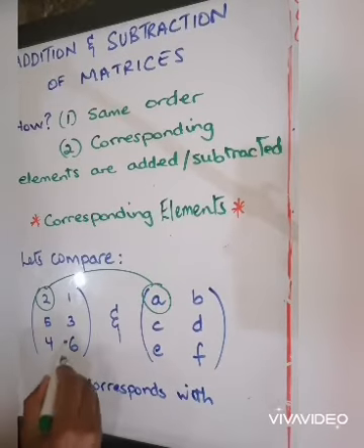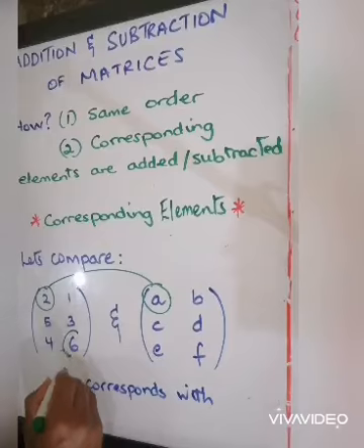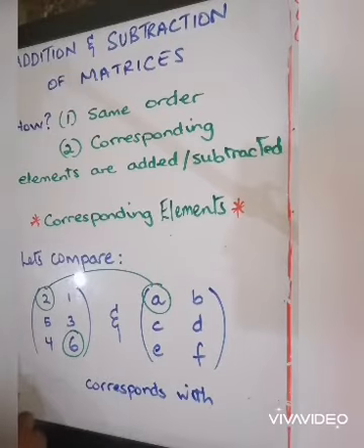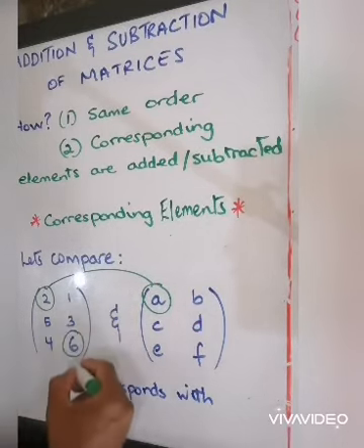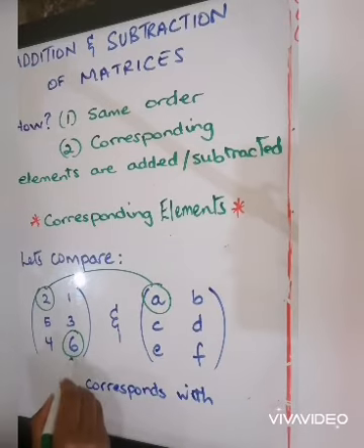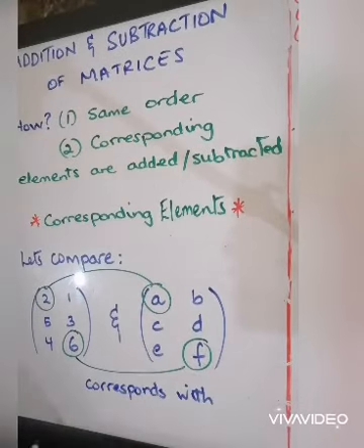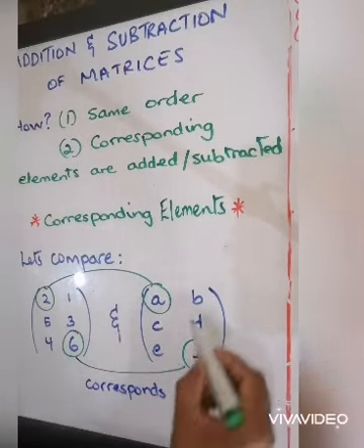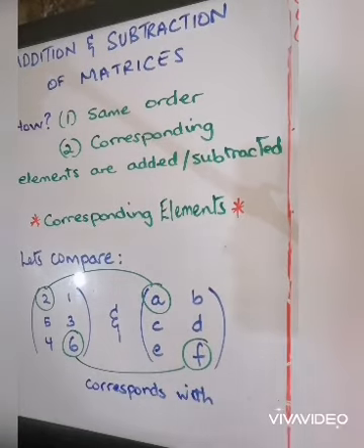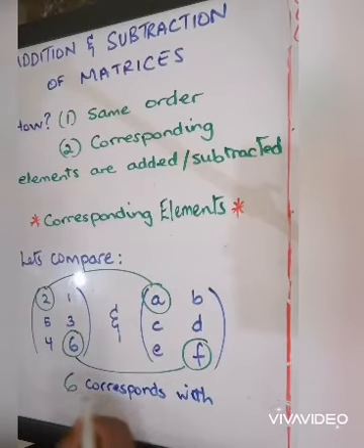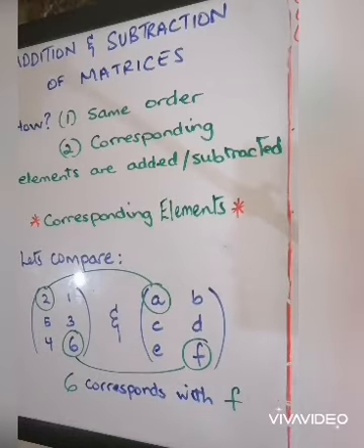Let's pick the element 6. Now 6 is in the position row 3, column 2, and 6 corresponds with F, which is also in row 3, column 2. And that is all that corresponding elements are. They are the elements that are in the same position in a different matrix, once those two matrices have the same order.